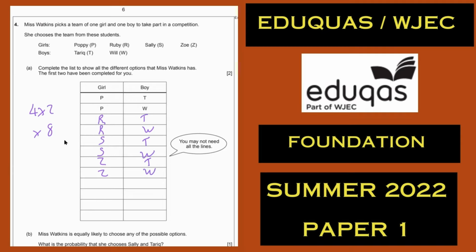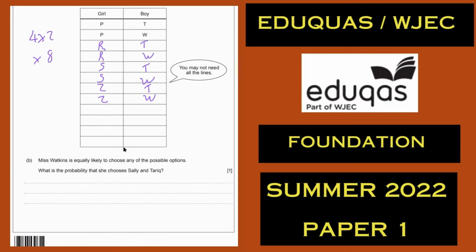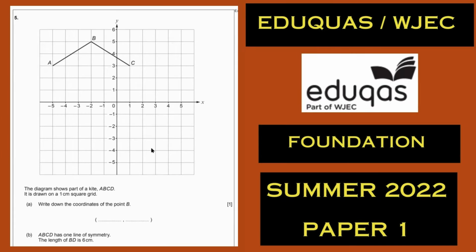Miss Watkins, equally likely, so they're all 1 over 8. So the fact of S and T, doesn't matter who they are, they're each 1 over 8. Yes, I'm terrible with my 8s on this electronic pen.